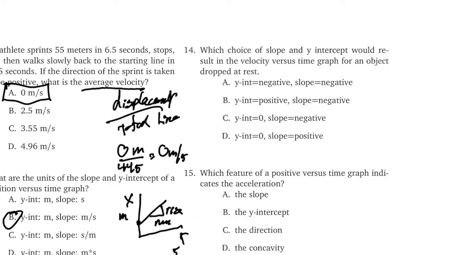All right, number 14. Again, we want a velocity versus time graph for an object dropped at rest. So the first thing I would do is come up with how I can include the dropped at rest part. Dropped at rest means that the initial velocity, VI, should be equal to 0 meters per second.